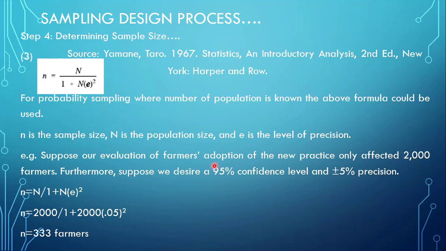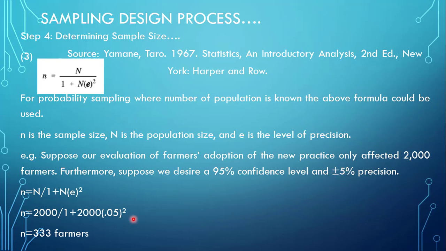So you want to have 95% confidence level and 5% precision level. So when you compute these numbers in the formula, you will get 2,000 divided by 1 plus 2,000 multiplied by 0.05 squared. So you are going to change the percentage into decimal numbers, right?